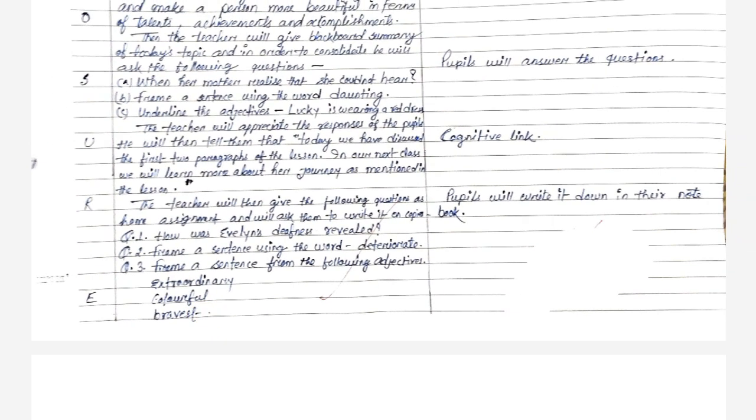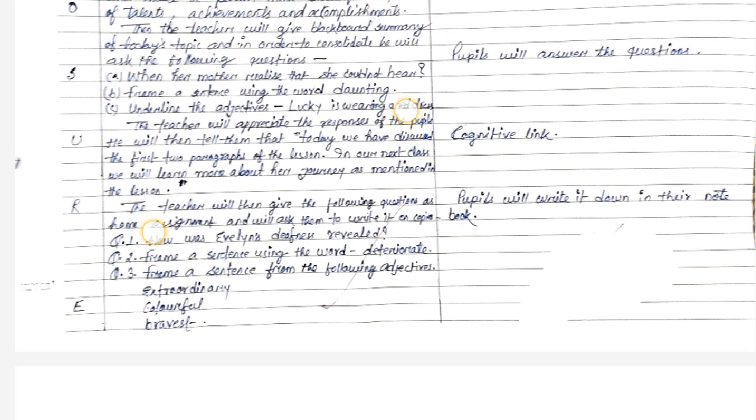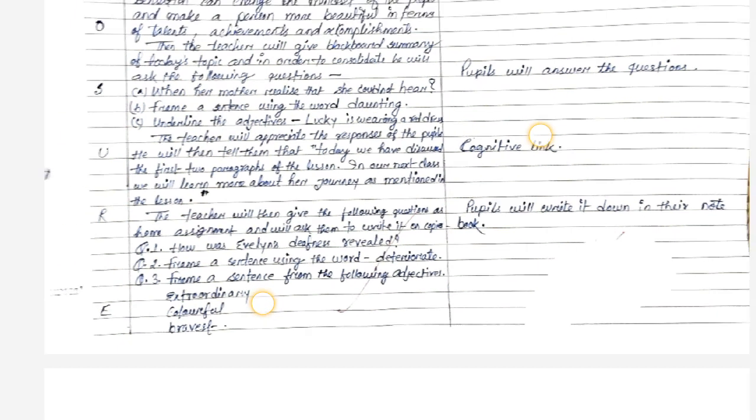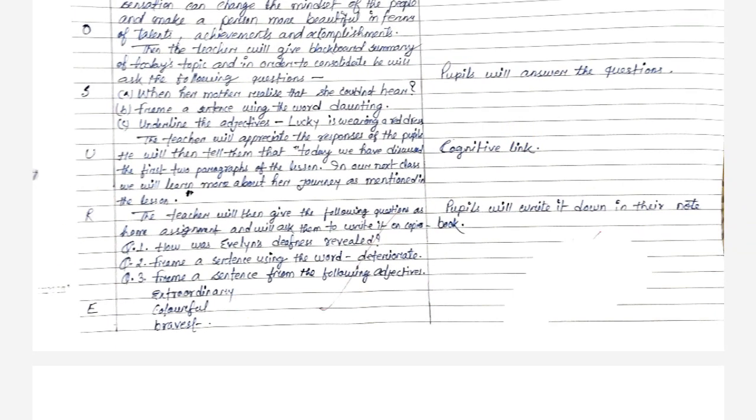But before closing the class, the teacher will have to appreciate. So in teacher's activities we'll have to mention that the teacher will appreciate the responses, and after appreciating the responses the teacher will try to give a cognitive link. So what is that particular cognitive link? That means in the mind of the pupil the teacher will make it clear what we have studied.